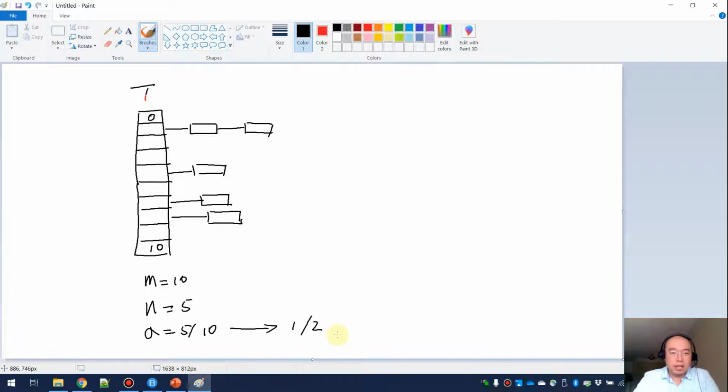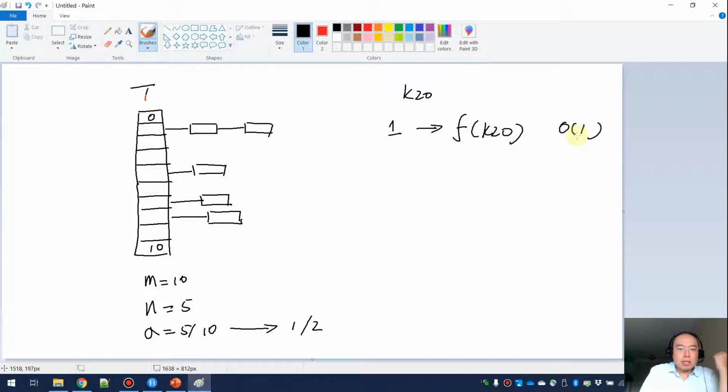Okay, so with that being said, when we have the K20, the first step will be that we want to do a hash function on K20, right? So what is that? That is O(1), because the hash function should be fast enough, and that is O(1) that we can tell which slot we should do the search on.